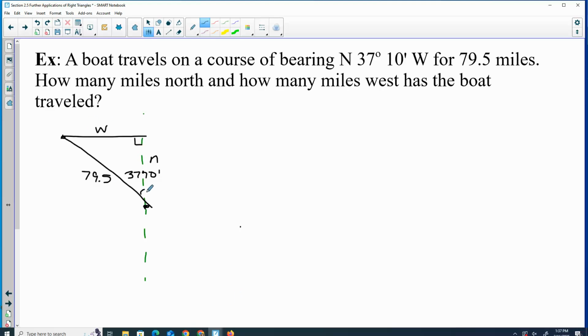From here, if I wanted my north, that's adjacent, 79.5 is hypotenuse, so we can say the cosine of 37 degrees 10 minutes equals north over 79.5. So multiply that over.